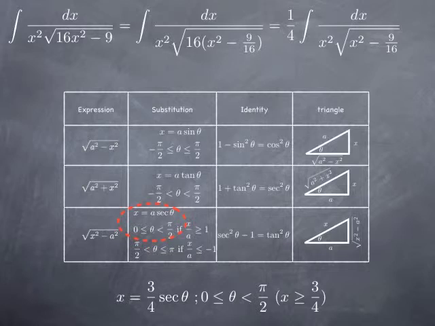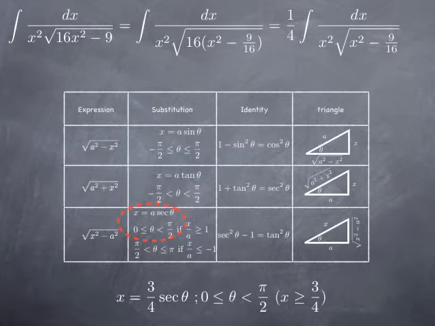So we set x equal to 3/4 of secant of theta for theta between 0 and pi over 2, strictly less than pi over 2, which corresponds to x over a greater than 1, in other words x greater than 3/4.